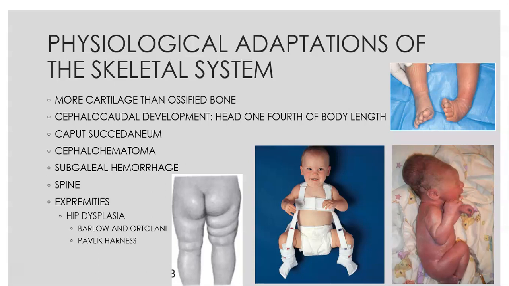But you can also get a cephalohematoma, which is the baby you see in the bottom right hand corner. This does not cross suture lines, so you'll see it more localized, and this is where they have a bleed. This will also reabsorb and be monitored over time.